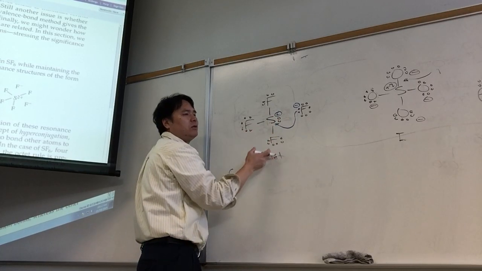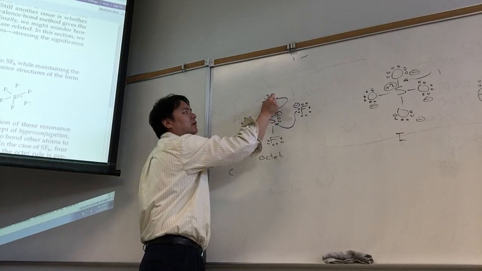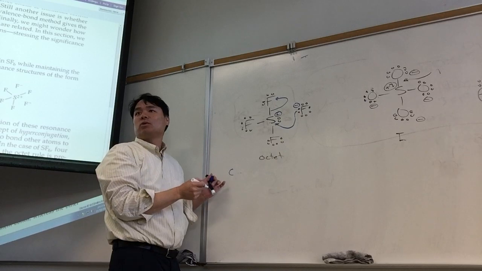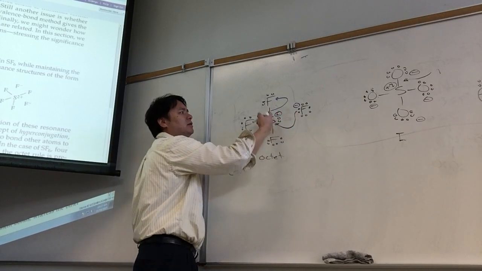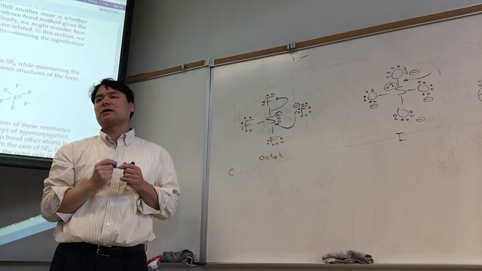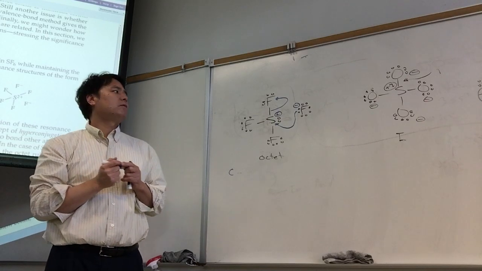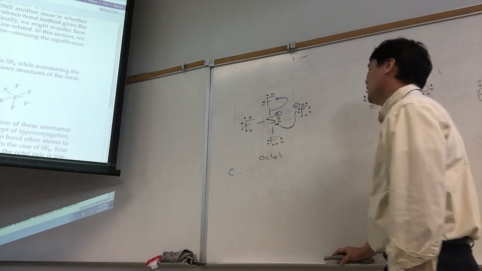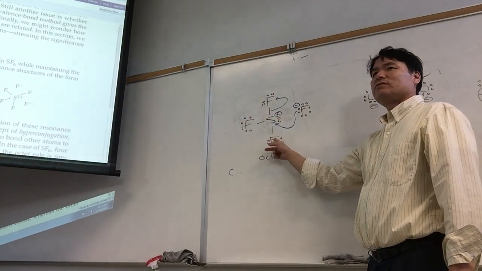But if there are no d orbitals, then what would have to happen is that it would have to kick out a pair of electrons in order to make room for this pair of electrons. So this pair of electrons comes in, this pair of electrons gets kicked out if we cannot access d orbitals. And so what we end up with in SF4 is 4 resonance forms.